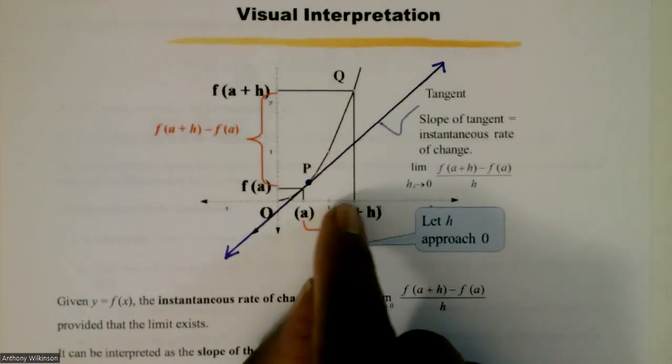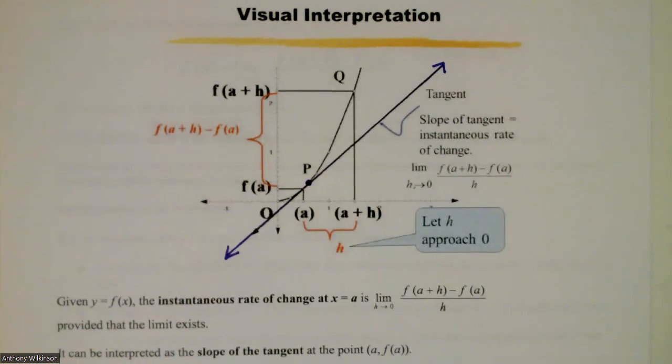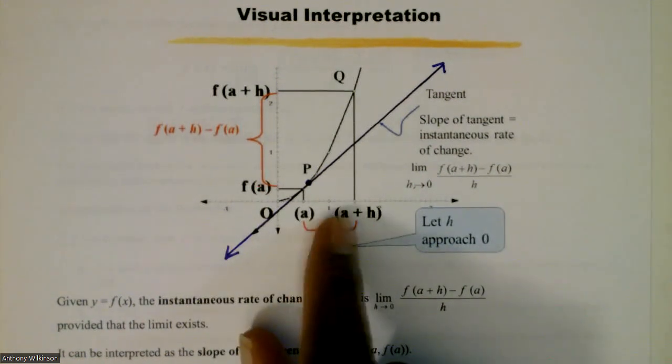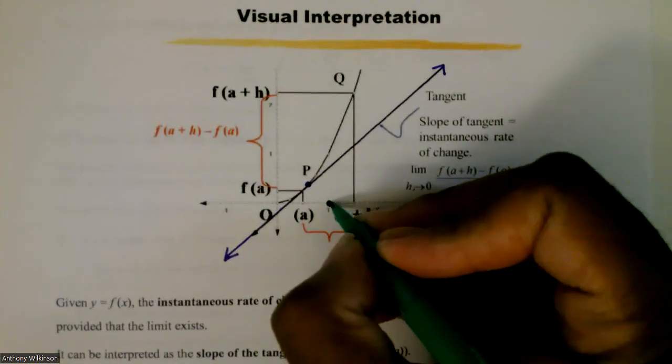If I take a point that gets closer and closer to where A is, that means H is going to be approaching 0. That means this distance is going to get smaller, but the distance between A plus H and A would get smaller and smaller and smaller. So let's say I pick this point right here.